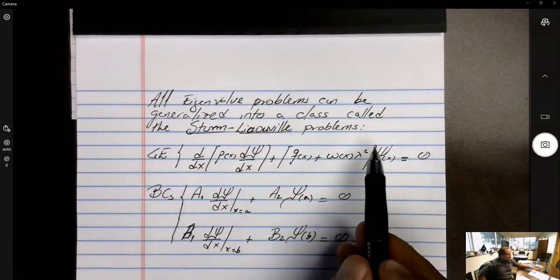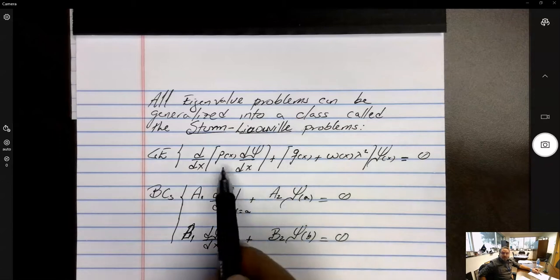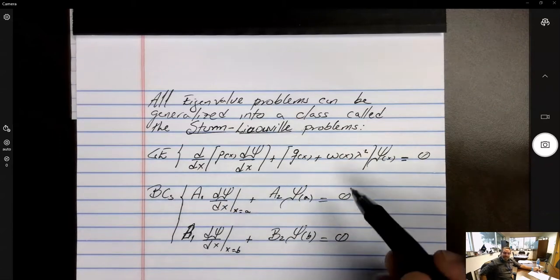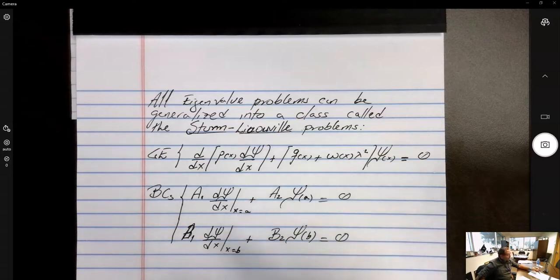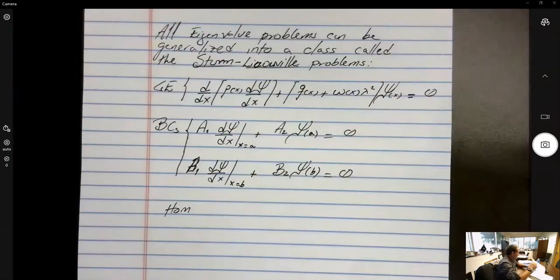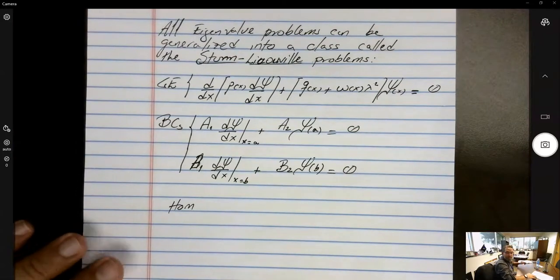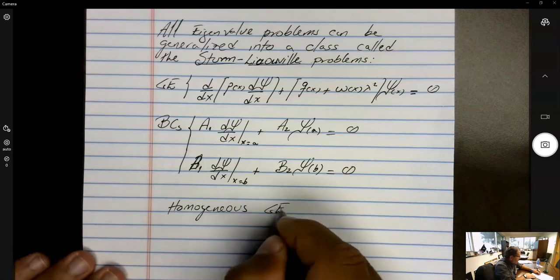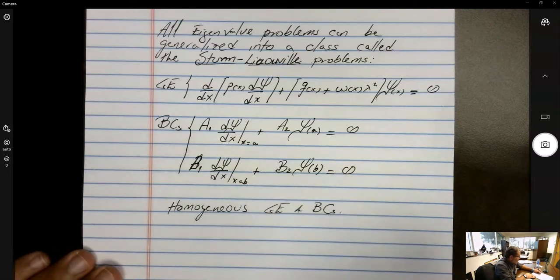So you have to have a homogeneous second order equation, linear, could be variable coefficients, and you have to have a complete set of boundary conditions at x equal a and at x equal b. Any kind, first, second, or third at x equal a, any kind at x equal b, but both have to be homogeneous. So homogeneous governing equation and boundary conditions.